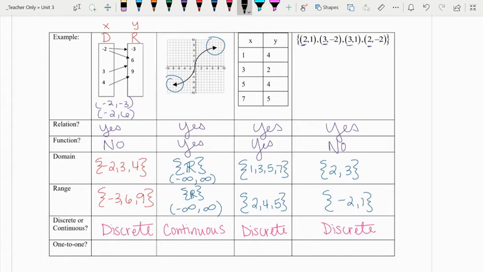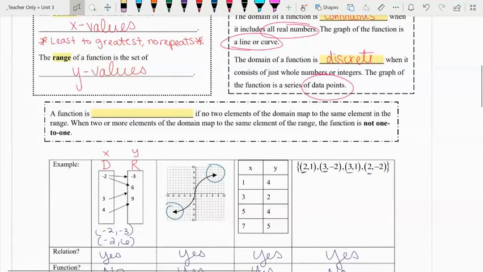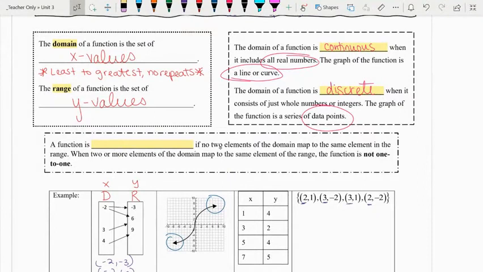And our last vocab to talk about is when a function is 1 to 1. And I'll write it like this often. Kind of looks like a face. It is 1 to 1 if no 2 elements in the domain map to the same element in the range.